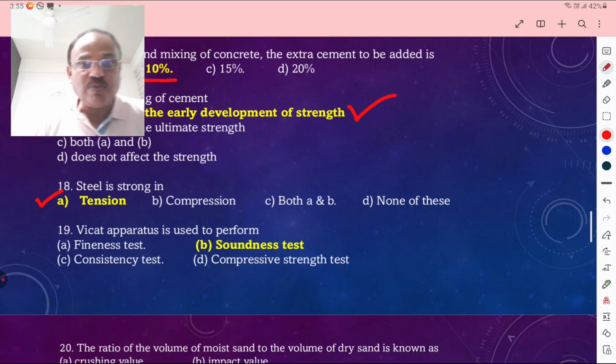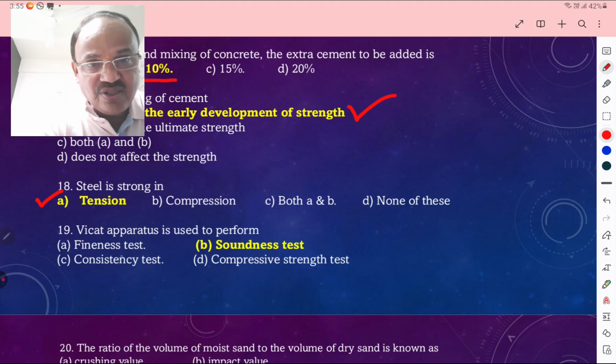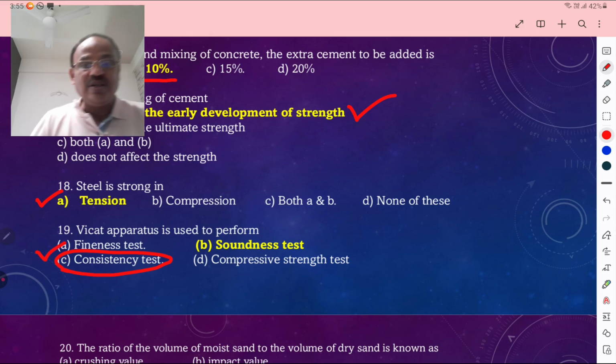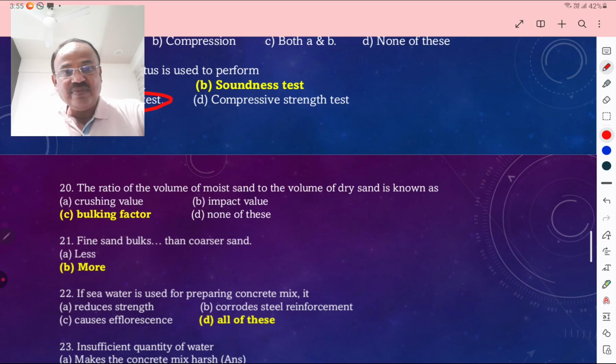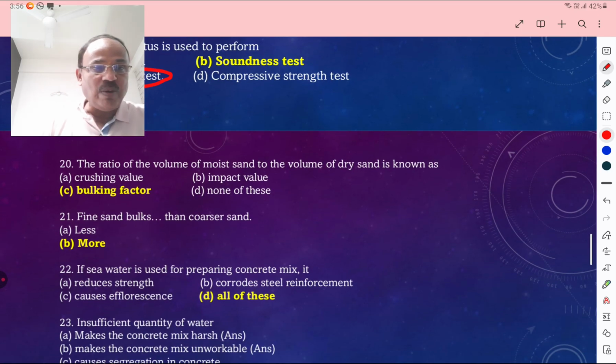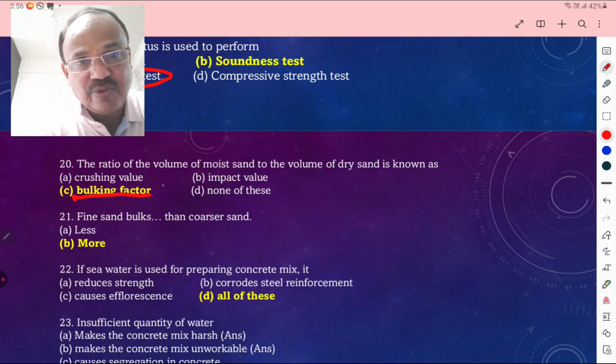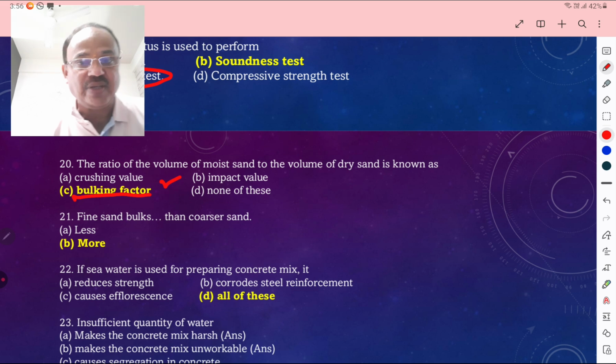Vicat's apparatus is used to perform the fineness test, soundness test, consistency test, or compressive strength test. The Vicat's apparatus is used to perform the consistency test, and it is used to determine the initial and final setting time of cement. Then the ratio of volume of moist sand to the volume of dry sand is known as the bulking factor, or the phenomenon is called bulking of sand.